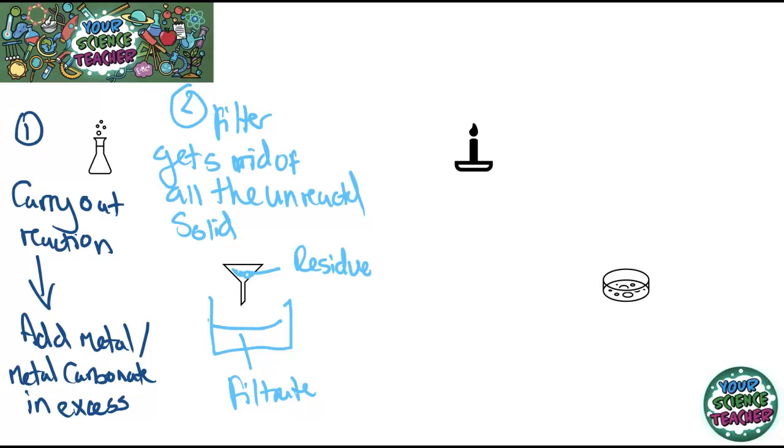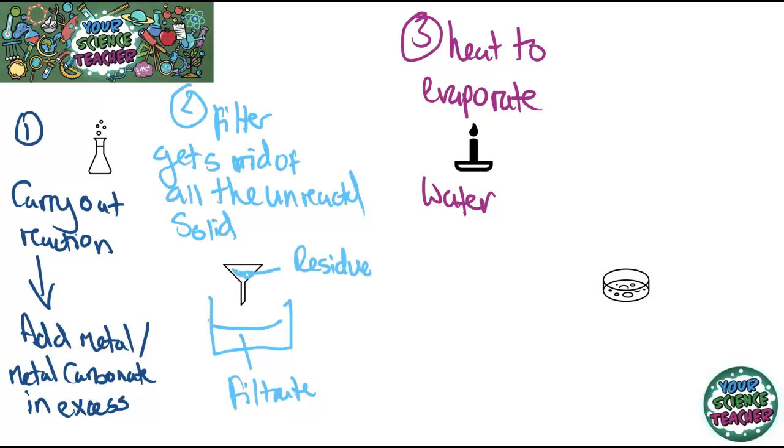The next stage is, after I've filtered to get rid of all my unreacted solid, I need to heat to evaporate any water or any unreacted acid. There shouldn't be any left, but it would get rid of it. But remember, in these reactions, when I've got a metal hydroxide or a metal carbonate, I'm going to make some water as well.